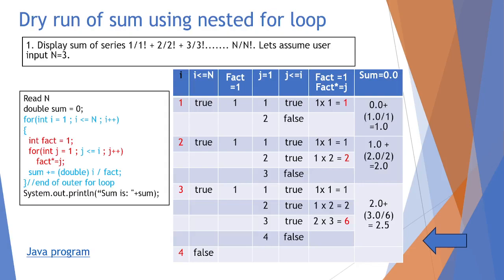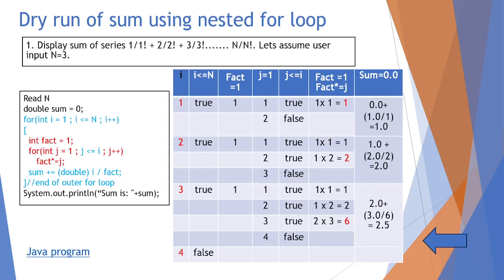But for sum, we need to sum up all the terms. So the sum variable is declared outside the for loop, that is, the outer for loop. This is one accumulator, sum is 0. Implicit conversion: although we have given 0, since double is there, 0.0 would be stored by the Java compiler.